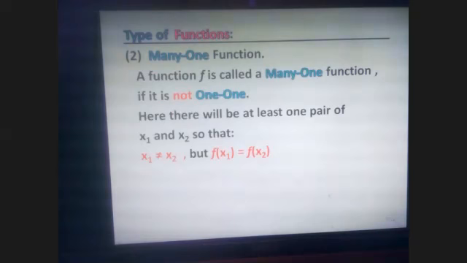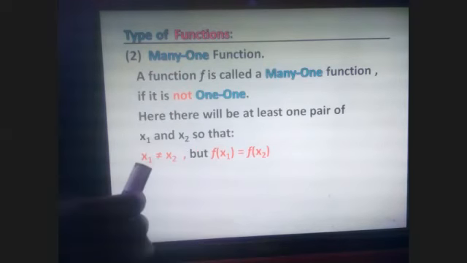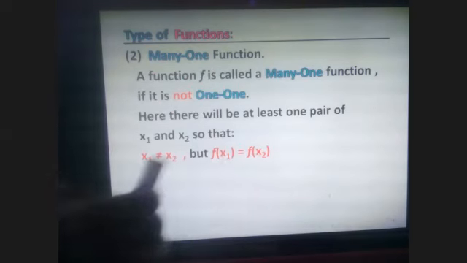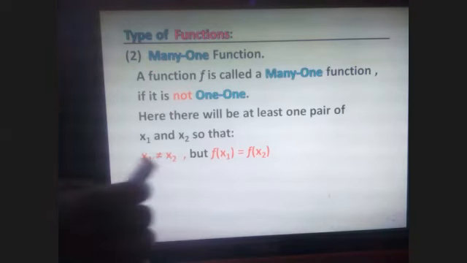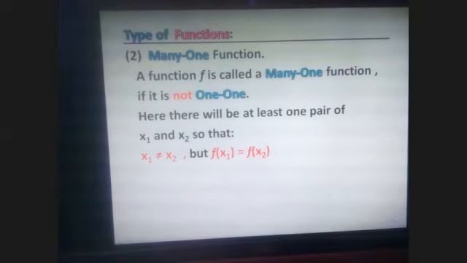It is not necessary that every element has the same image. Many elements may have distinct images, but at least one pair of x1 and x2 will be there. Maybe x1 and x2 are 2 and 3, but f of 2 and f of 3 are the same. These two elements have the same image. If we can show one pair, then the function is not 1-to-1, it's many-to-one.